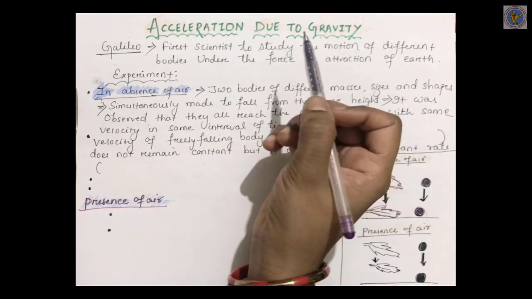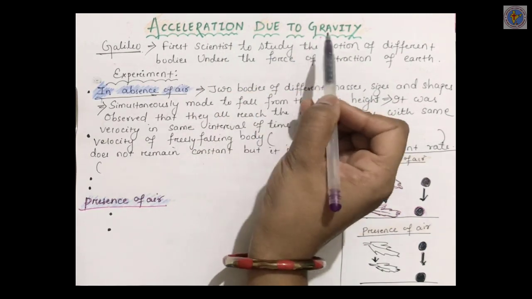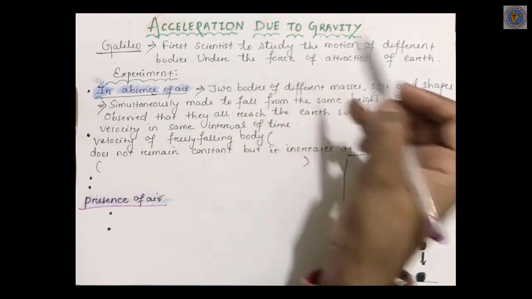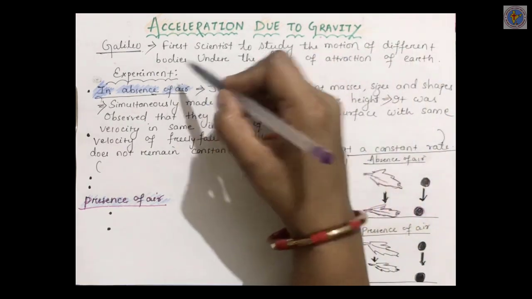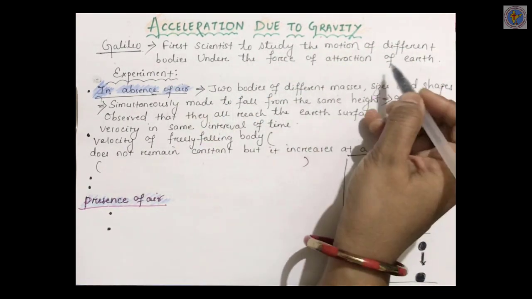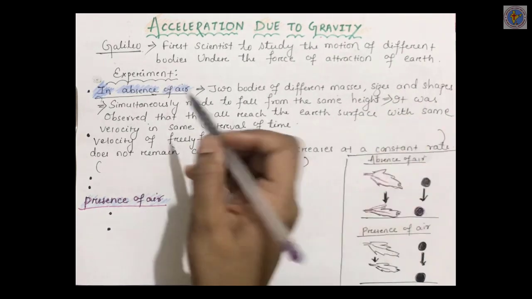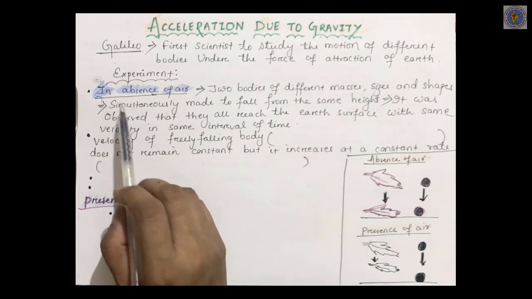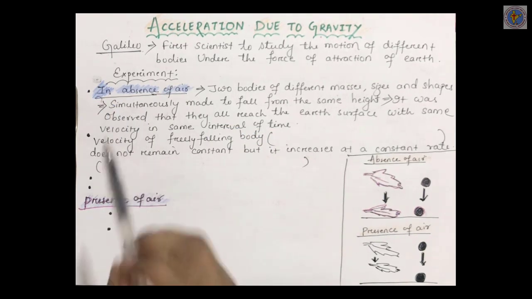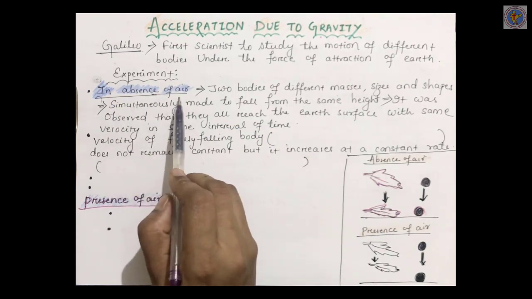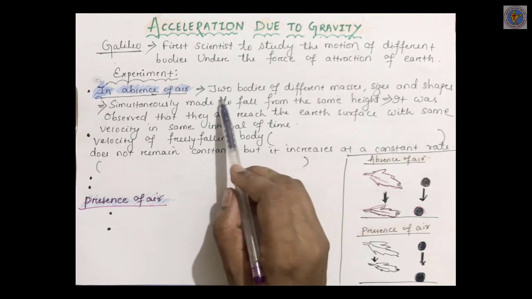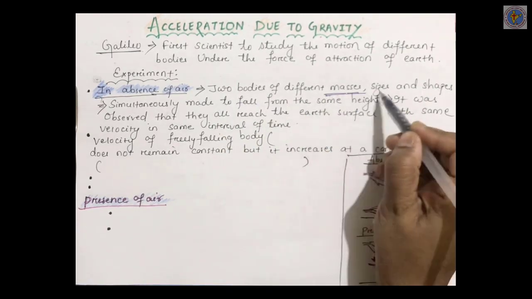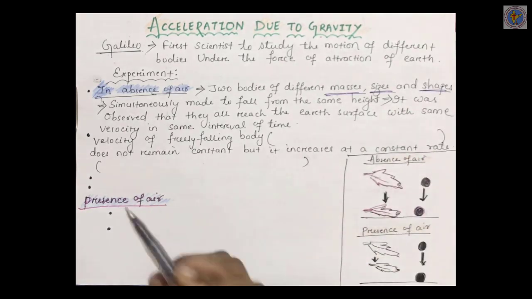Now let us learn the next topic: acceleration due to gravity. Galileo was the first scientist to study the motion of different bodies under the force of attraction of the earth. What was his experiment? In the absence of air, that means in vacuum, two bodies of different masses, sizes and shapes were taken.